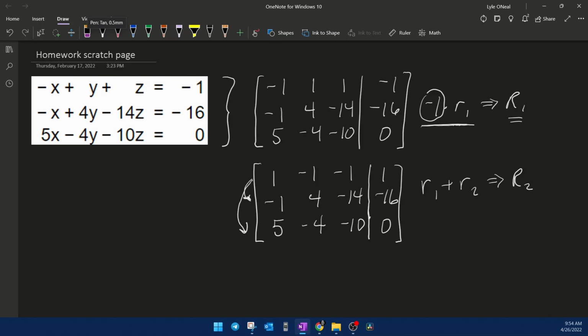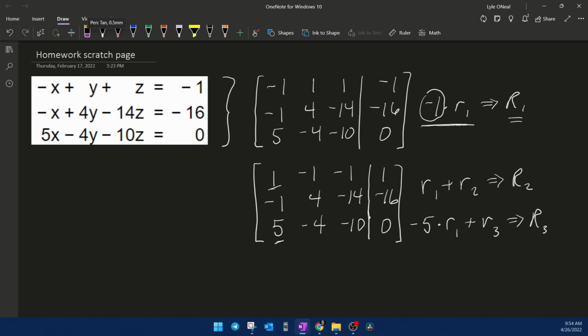The way we can achieve that is by multiplying row 1 by negative 5, adding to row 3 to produce a new row 3. So if you look at what's going to happen, we're going to have 1 times negative 5, which is negative 5, and then adding to the corresponding element in row 3 will produce a 0.